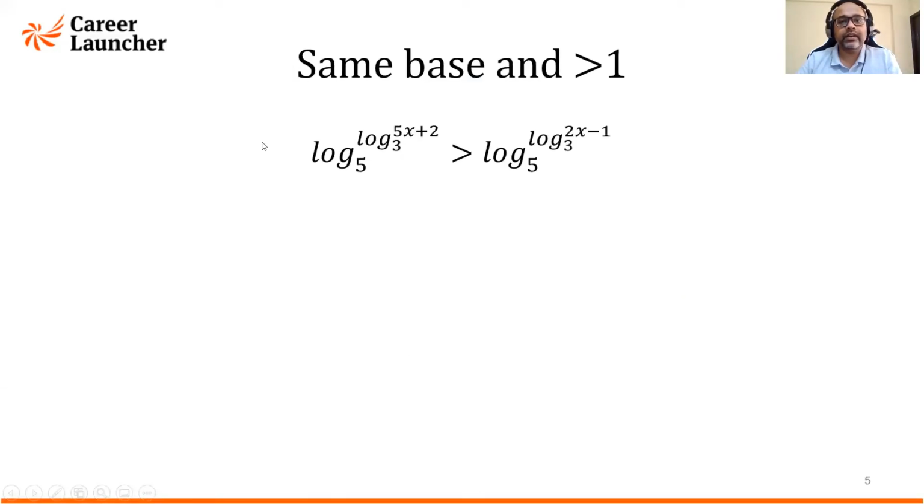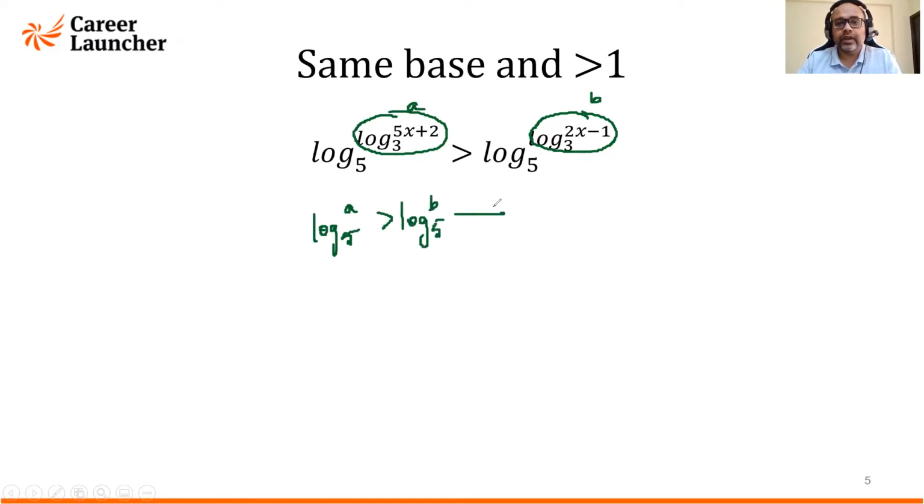The case when the logarithm is a little bit more complicated now. So you have call this as a and call this as b. So you have log of a base 5 is greater than log of b base 5. Now you know this is only possible when a is greater than b, which means straight away you can write log of 5x plus 2 to the base 3 is greater than log of 2x minus 1 to the base 3.